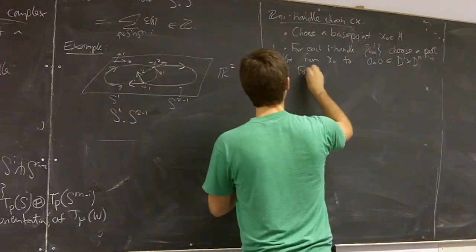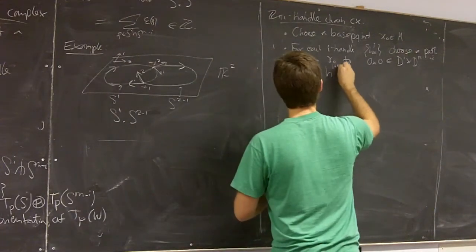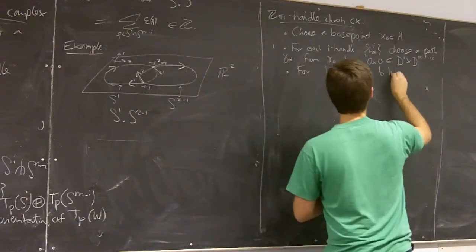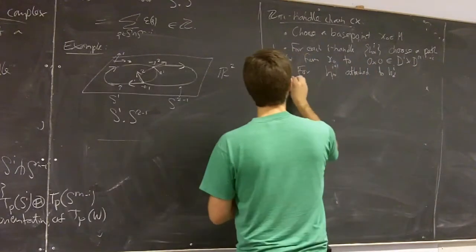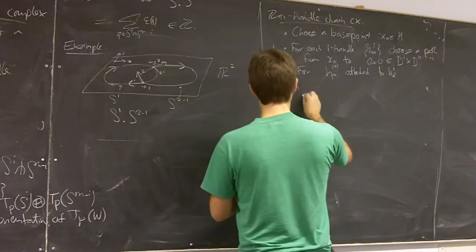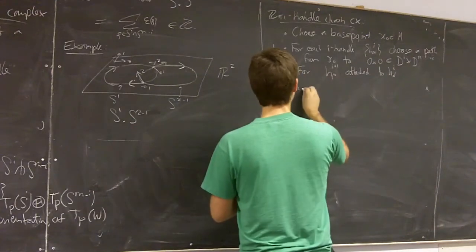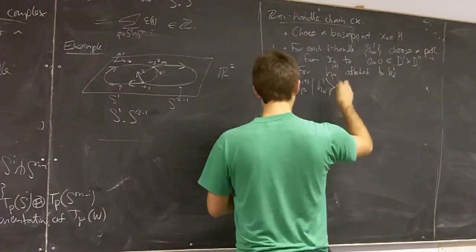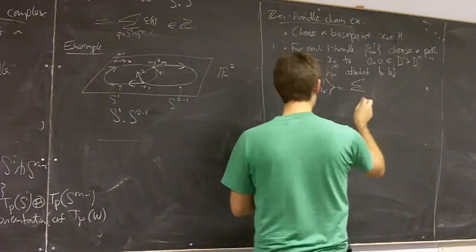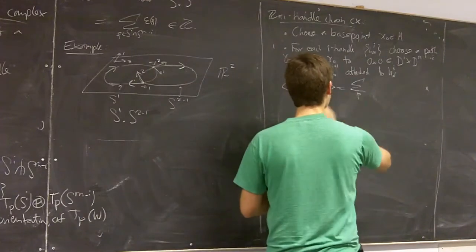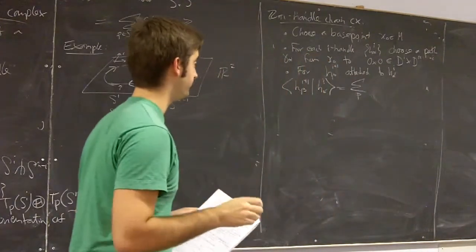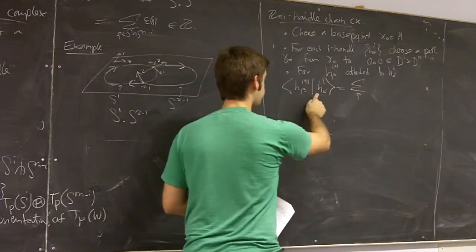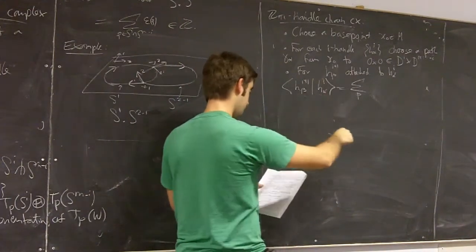So for hi plus 1 beta attached to hi alpha, we define the incidence number to be: we sum over all points in the intersection of the attaching sphere of the I plus 1 handle and the belt sphere of the I handle.